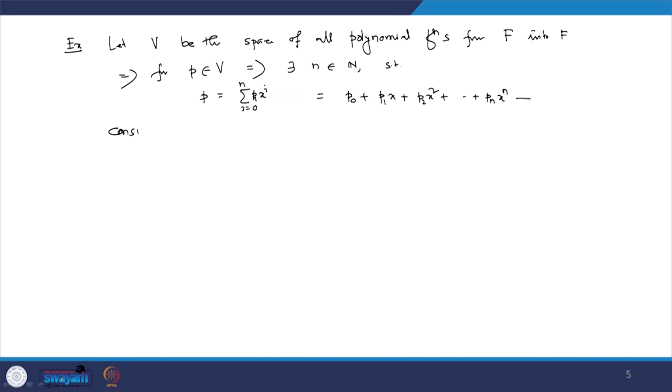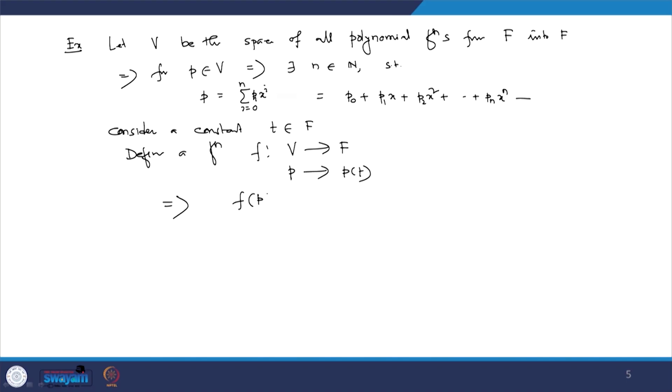Consider a constant t belonging to capital F. Define a function f from V to capital F as P goes to P at t. So, this implies that f of P equals P at t.